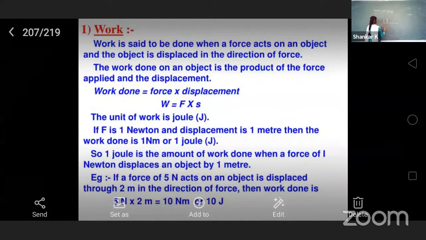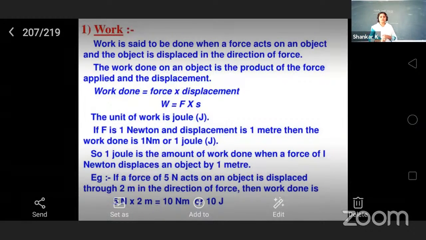I want to move this object, so I have to apply force on it. Then only this box can move a certain distance. This distance we call displacement. When we apply force in a direction, the object is displaced in that same direction. In whichever direction I apply force, in the same direction the object will move.